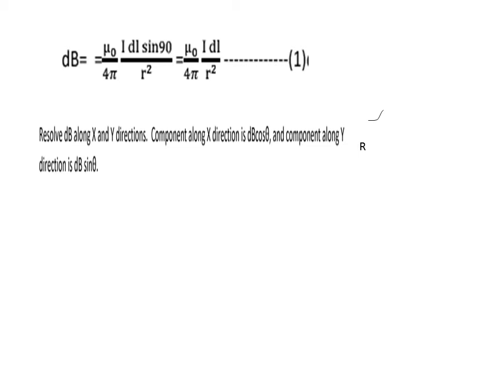Similarly, if we take all the elements of the circular loop, all the dB sin theta components cancel each other, and all the dB cos theta components will be along the x-axis. If we sum up or integrate all these dB cos theta components, we get the net field. So the net field B is equal to integral dB cos theta.